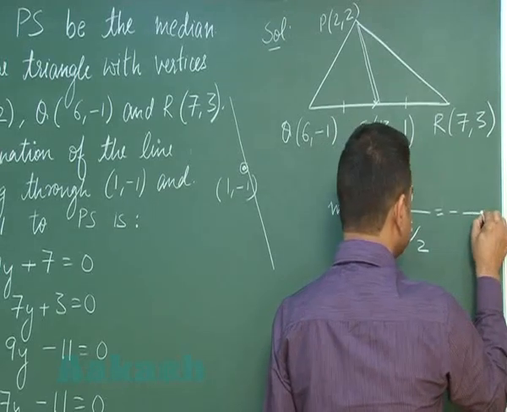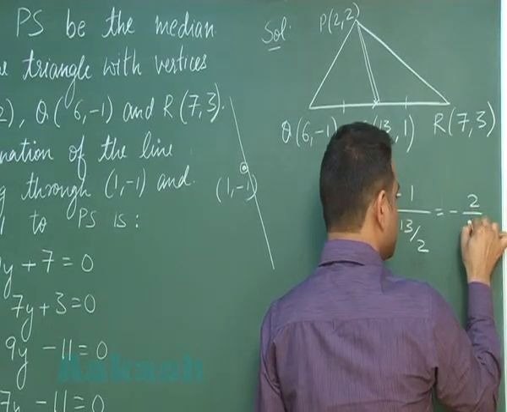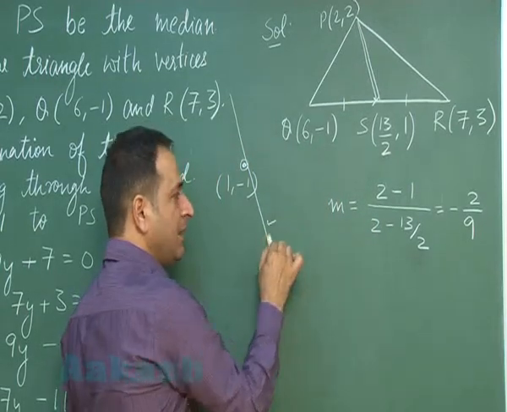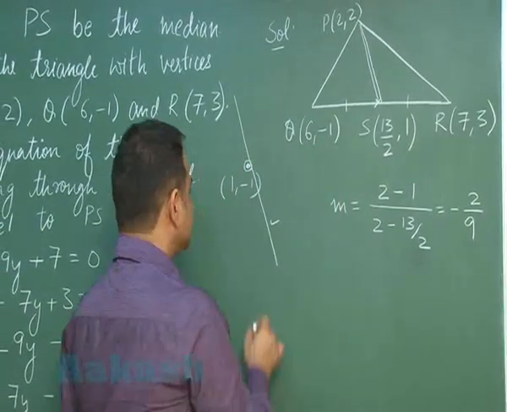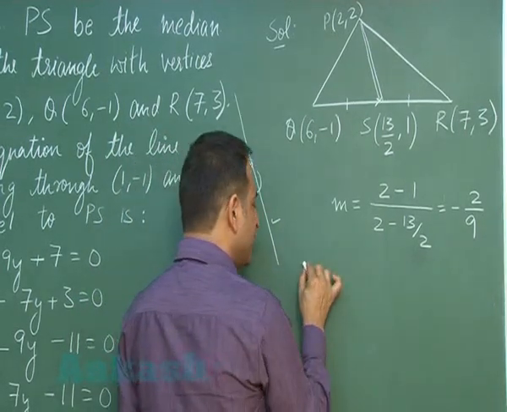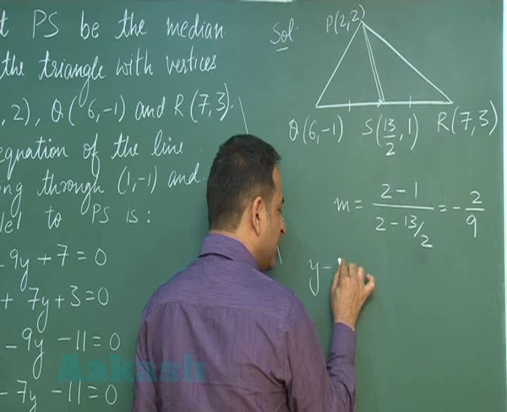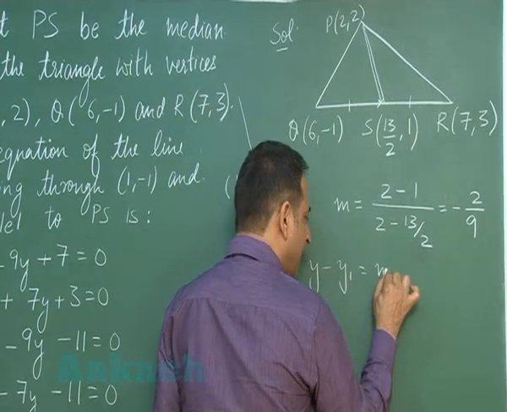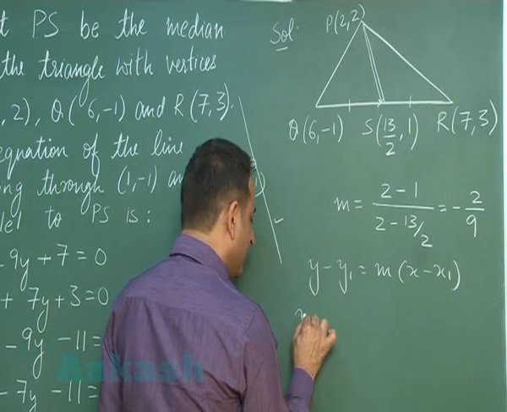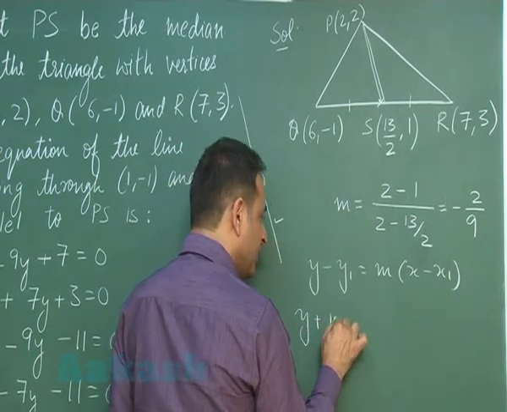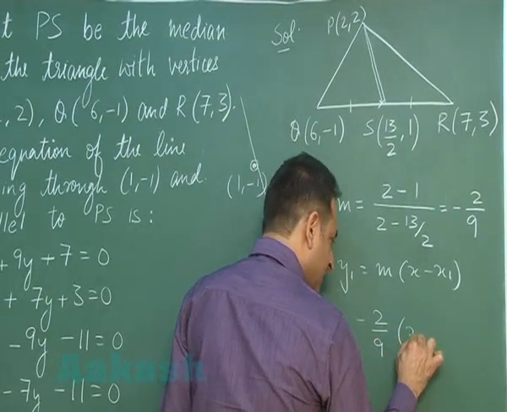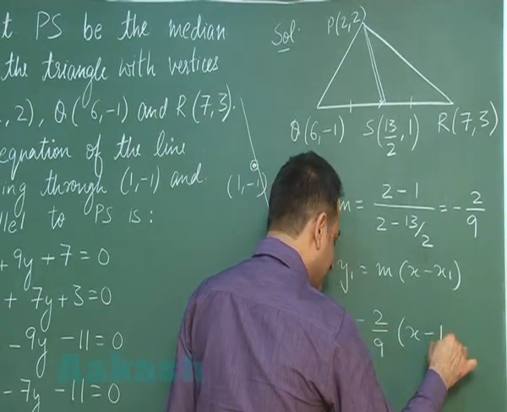minus 2 by 9. So the slope of this line is minus 2 by 9, since it is passing through (1, -1). Now using the point slope form, that is y minus y1 is equal to m times (x minus x1), we have y plus 1 is equal to m (x minus x1).